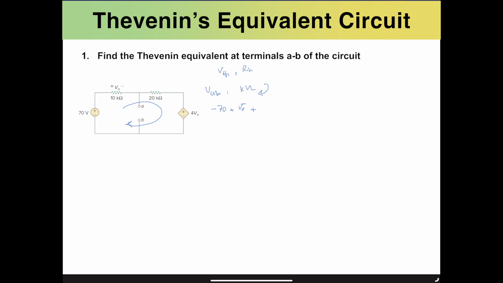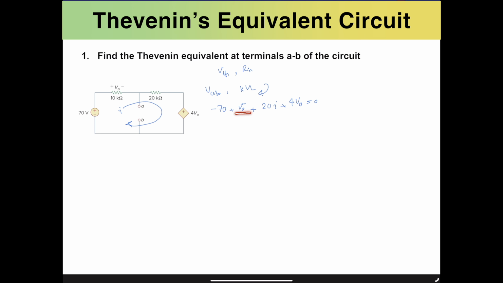The current that we are talking about is essentially I, which is passing through all of the components. If you want to find the voltage drop across the 20 kilo ohms, that would be simply 20 times I. Then we are entering from the positive end of this voltage source, so that would be plus 4 VO equals 0.